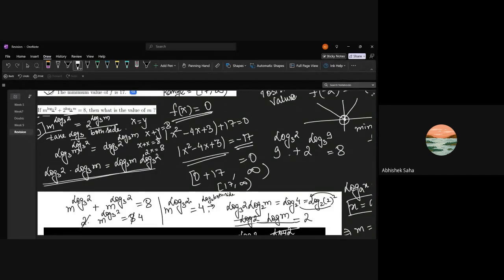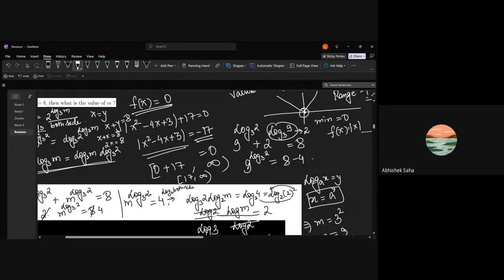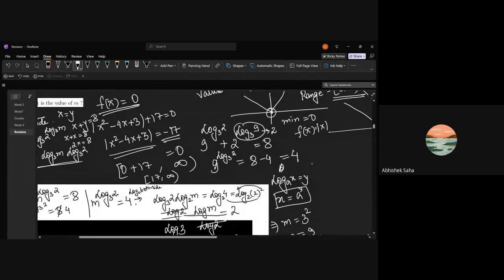Now we know what we can do from here. This will be a constant. Log to the base 3 of 9 will give 2, right? Overall, 2 to the power 2 is 4, so 8 minus 4. Due to the lack of space, I am using some shortcuts. Now this will be equal to 9.